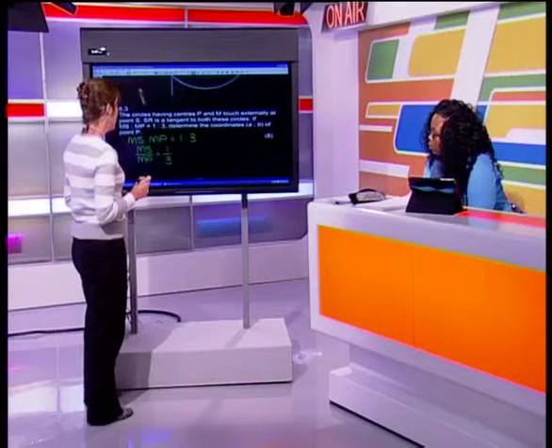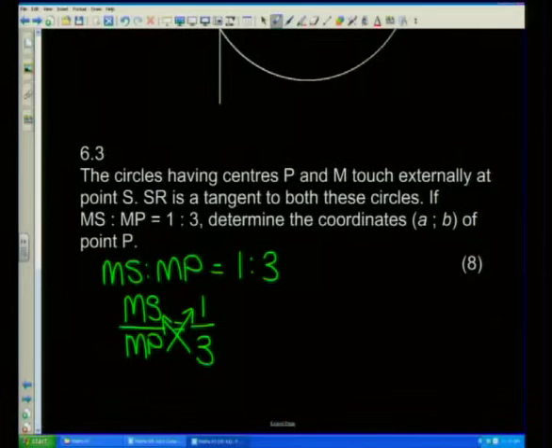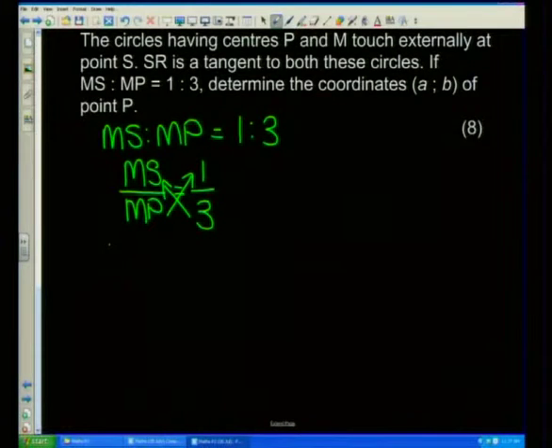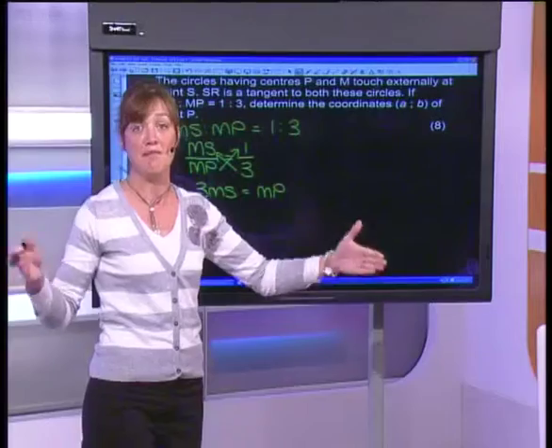If I cross multiply, we can say that therefore 3 times MS is equal to MP. So 3 times the distance of your MS is going to be equal to the distance of your MP.